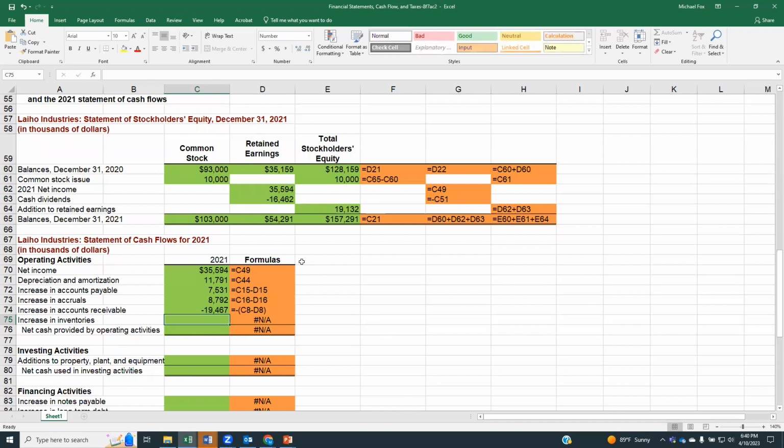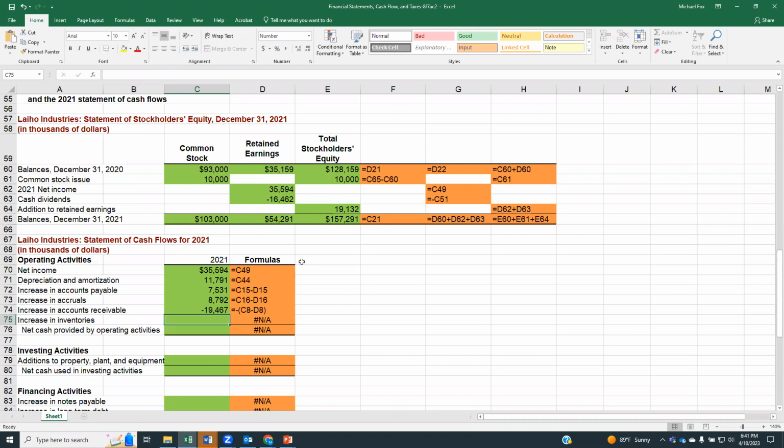So we're adjusting cash down by $19,467. The reason is our sales revenue makes it look like we made all of that money in cash. But if our accounts receivable went up, we haven't collected all of it yet. So we have $19,467 less cash than our net income would lead us to believe.